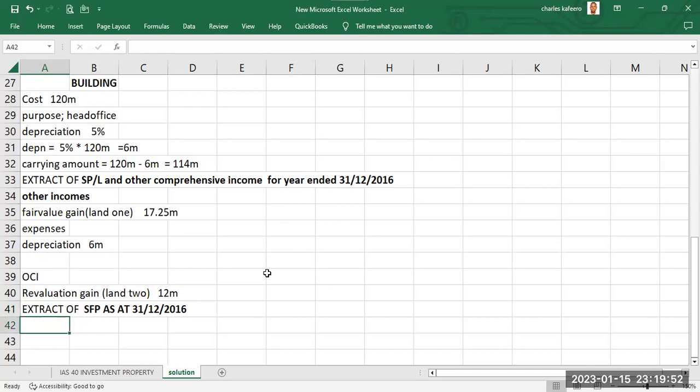We may start with the PPE, property, plant and equipment. Within the PPE, we have 2 items.